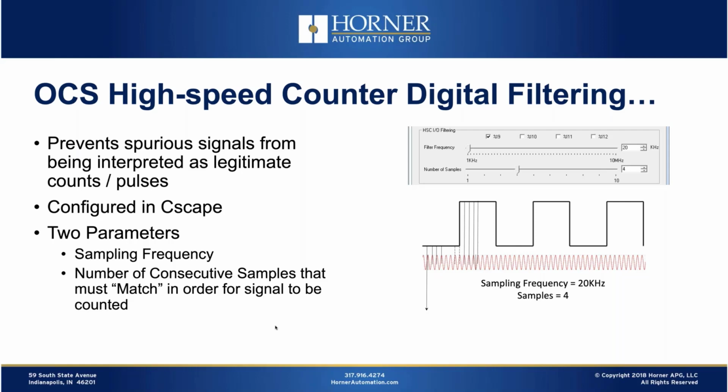So one of the capabilities that we have built into all of the high-speed counter products I've talked about so far is something called digital filtering. And with the digital filtering, you can set it up to effectively eliminate the potential for spurious signals.